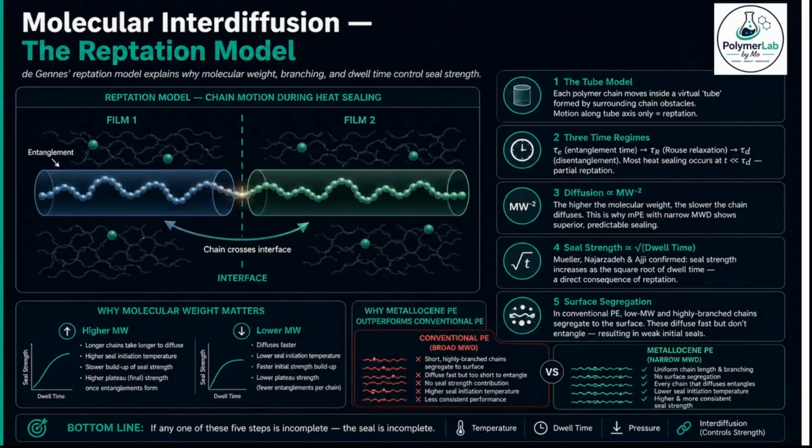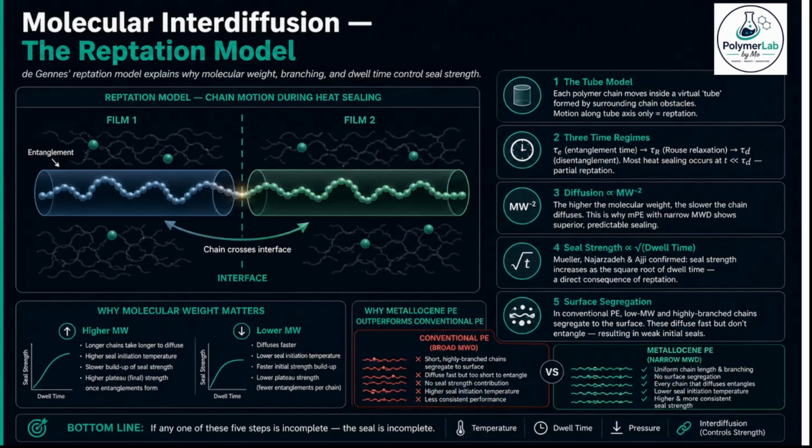In a heat sealing process, the dwell time is almost always much shorter than the disentanglement time of a high molecular weight polymer. This means that we are always in a regime of partial reptation. Chains partially cross the interface and form entanglements, but they have not fully left their tubes.